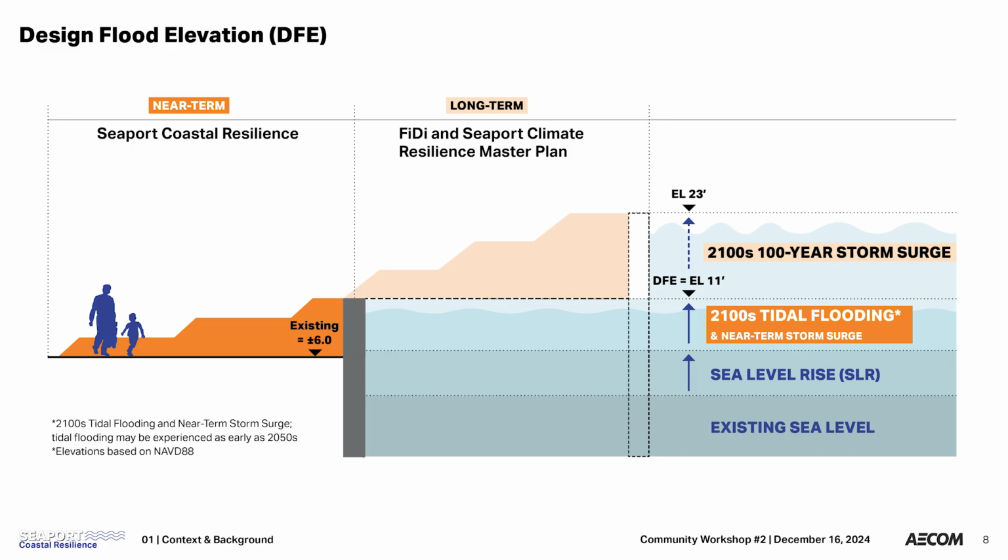The FiDi master plan complements this project and will come after. It abuts at the waterfront and will be outboard and will tackle the 2100 storm surge. So again, the Seaport is for the tidal inundation of 2100, which we may see signs of as early as 2050.